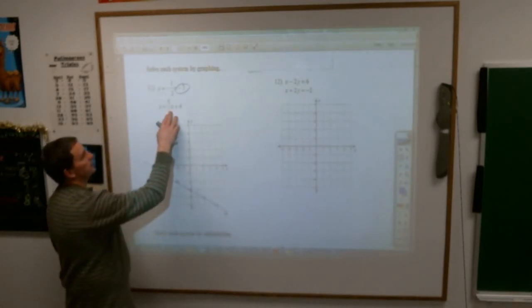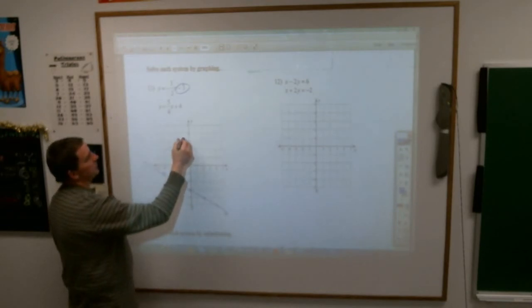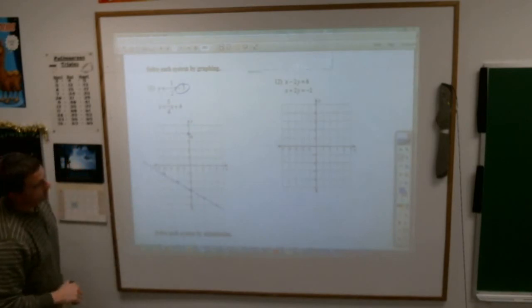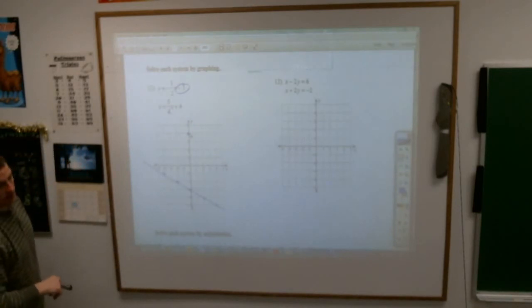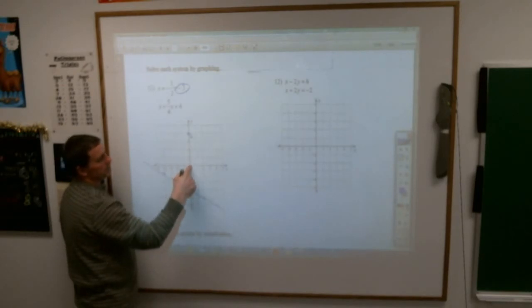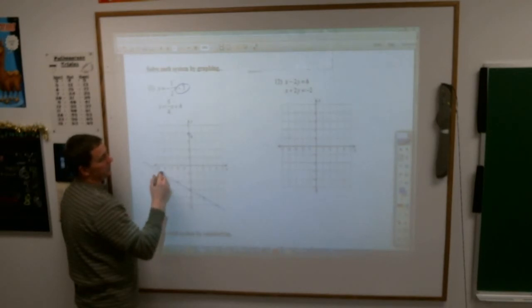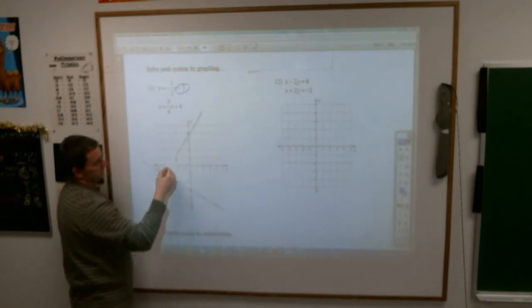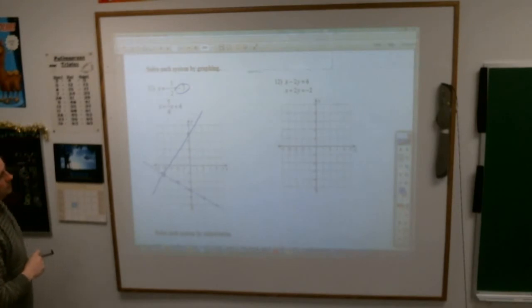This one here crosses the y-axis at 4, and it has a positive 5/4, which means it goes 1, 2, 3, 4, 5. 1, 2, 3, 4. That's positive slope. So it crosses right here. I hope at -4, -1.